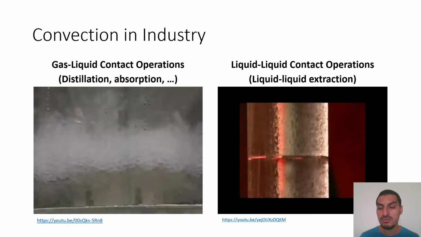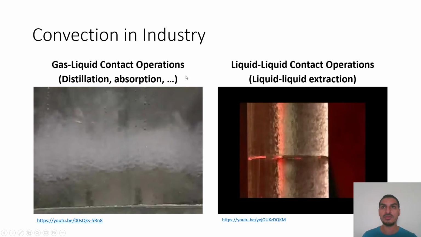This is very important in daily life, and it's very important in industry as well, because in all the mass transfer processes, it's very important for us to enhance the rate of mass transfer and to increase it as much as we can, so that we can get better separation and improve the efficiency of the process, and this will make the cost of the equipment and the operation lower than doing this with a slow mass transfer rate.